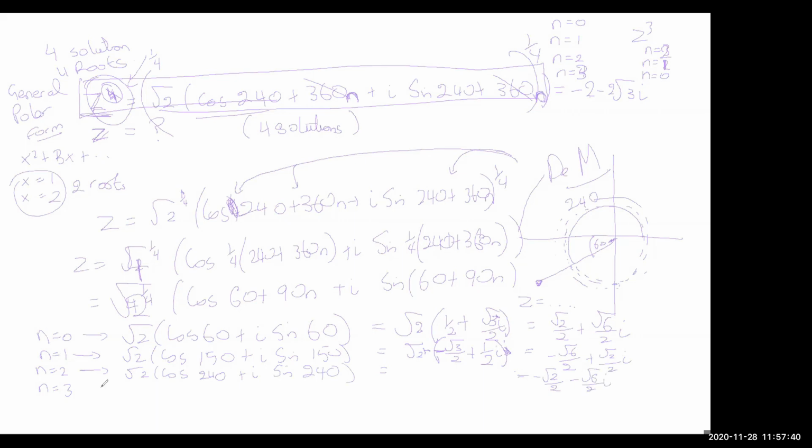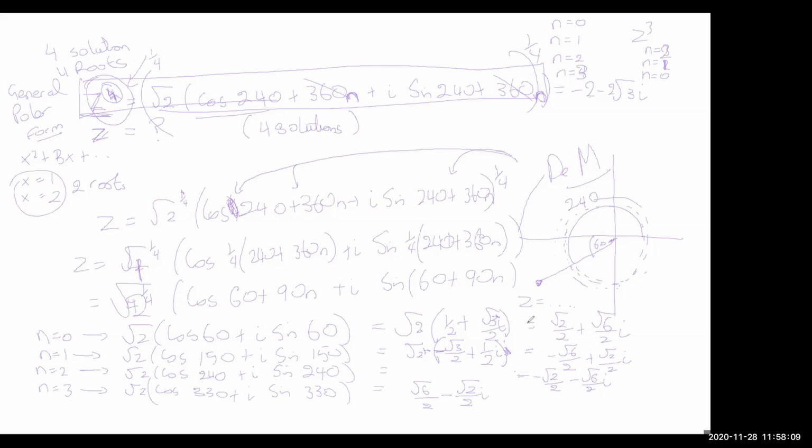And then n is equal to 3 ends up being root 2 times the cos of, what we got, 240 and 90 is 330, 330 plus i sine 330. Am I right? That ends up being root 6 over 2 minus root 2 over 2 i.